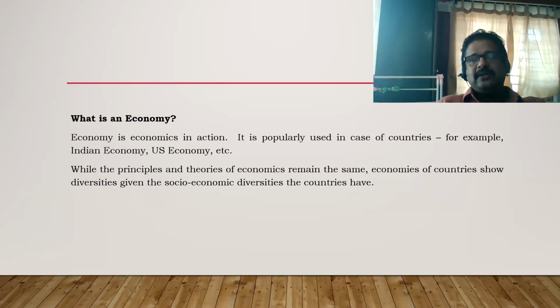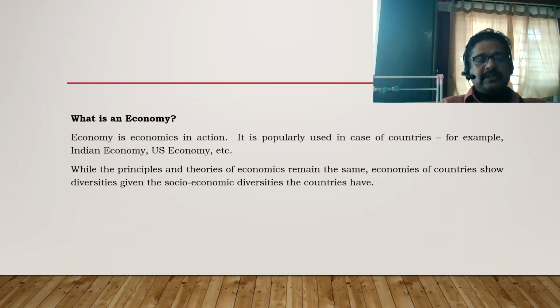The principles and theories of economics are the same, universally applicable, but every country has its own problems, and they have their own ways to solve these problems. Since there are differences between the problems that they face, every economy will have its own method of solving these problems, and the approach also will be different.